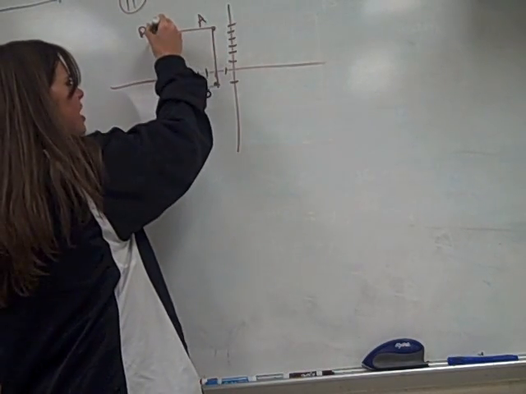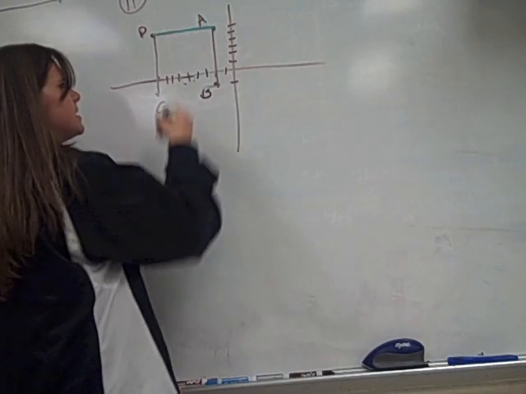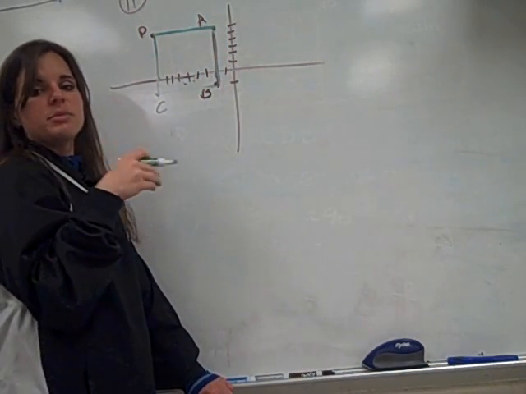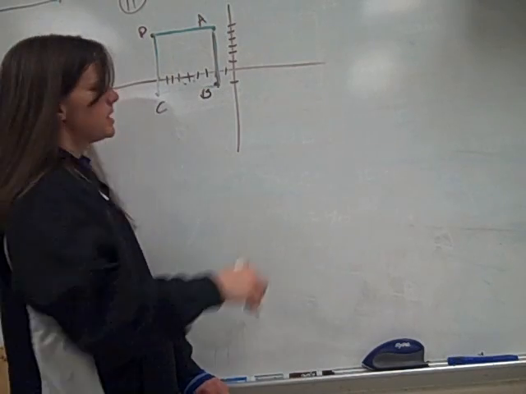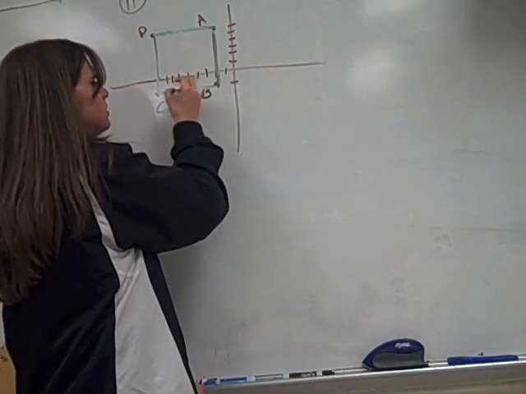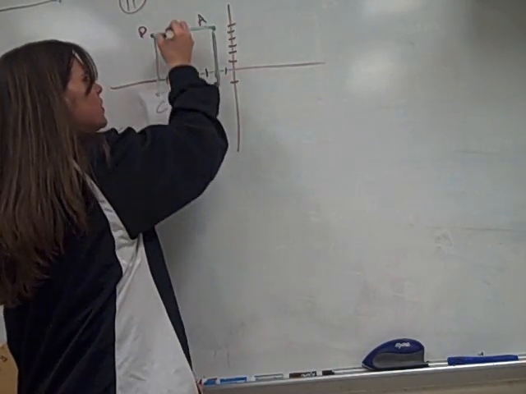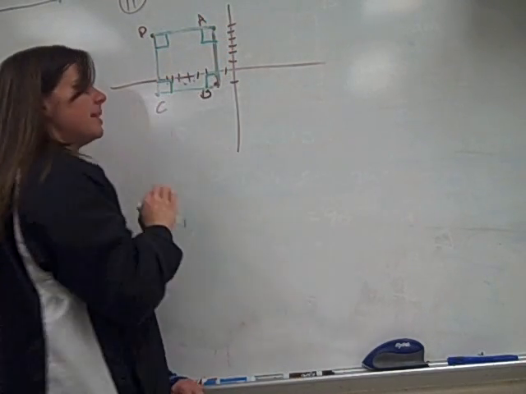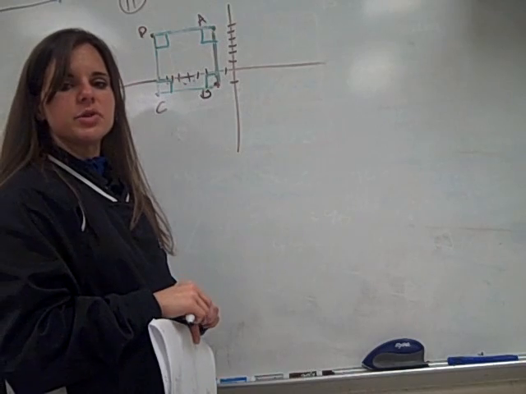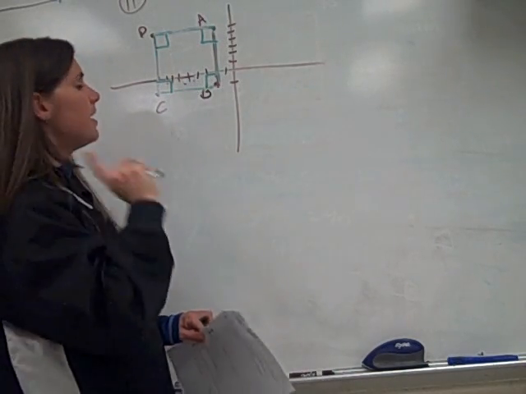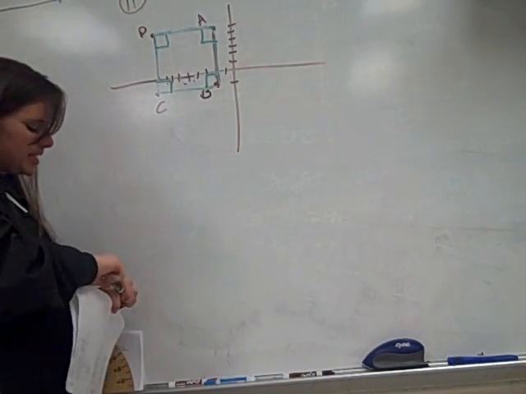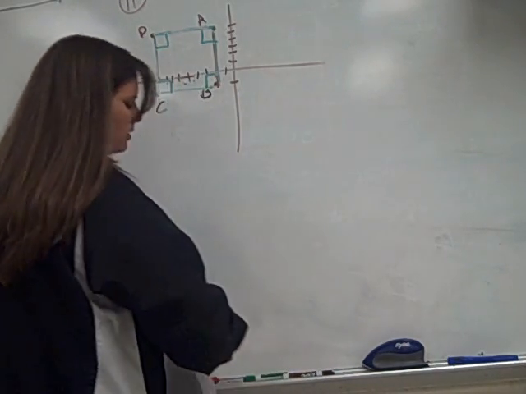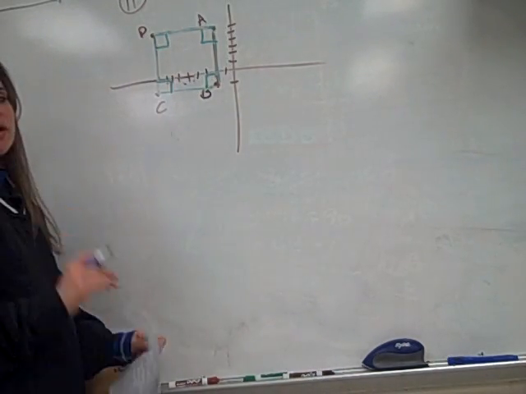If you're on an actual graph paper, you can see these are horizontal lines, and these are vertical lines, and that's really nice because you don't have to check the slopes. If you know these are horizontal, you know these are vertical, what does that definitely have to make these angles? They're definitely going to be 90. Those are perpendicular lines. Okay, that's good news. It's either a square or a rectangle, right, because we got all 90s. Well, what can we check to see if it's a square or not?